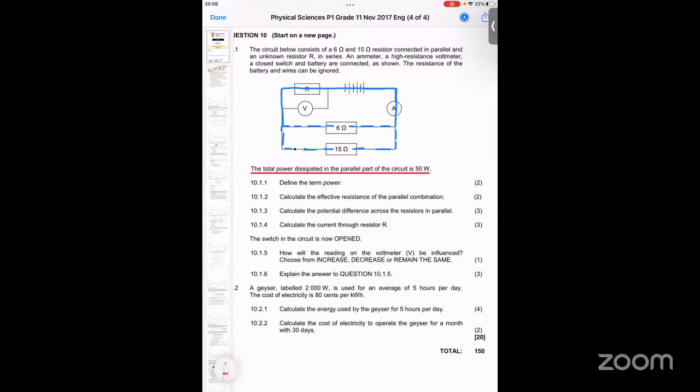Now, 10.1.1, they want you to define the term power. So guys, how are we going to define the term power? This is an opportunity where very quickly you can check from your notes. If you can't find it from your notes, then it should be there in whatever textbook that you use.